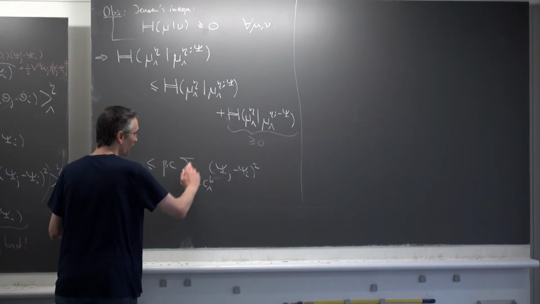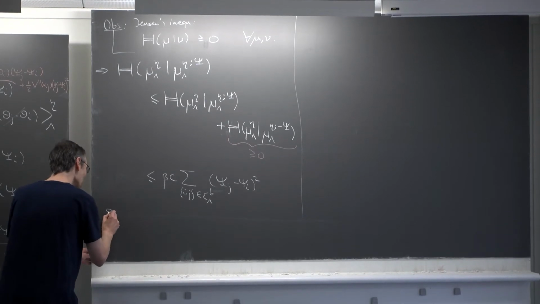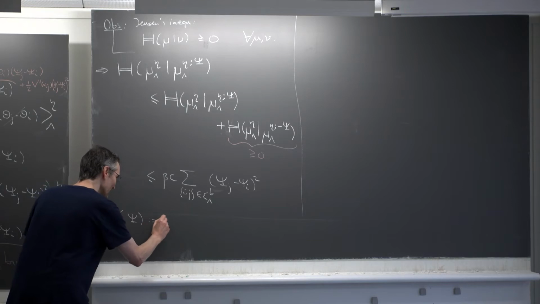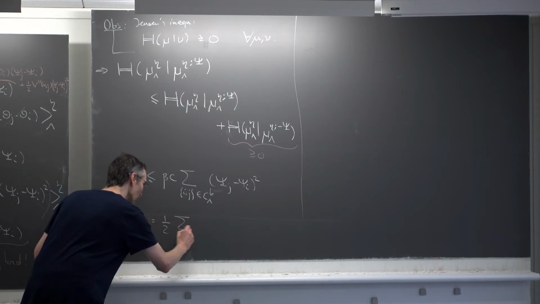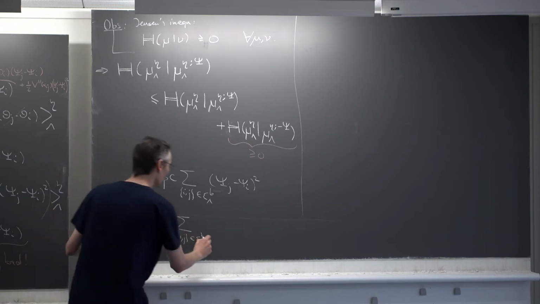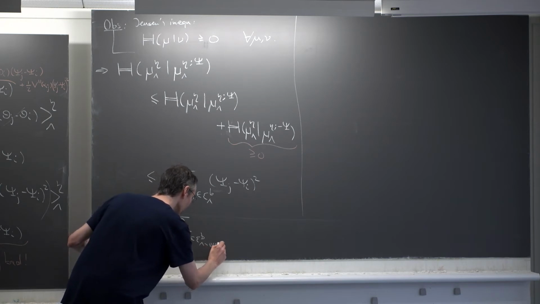So this quantity, or essentially this quantity, has a name. So epsilon of psi, which is defined as 1/2 sum over all ij in E lambda minus BL.